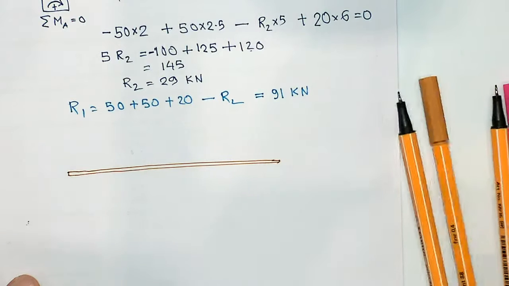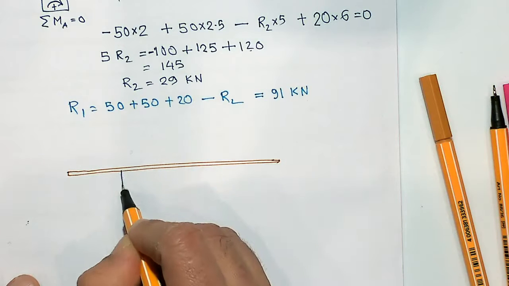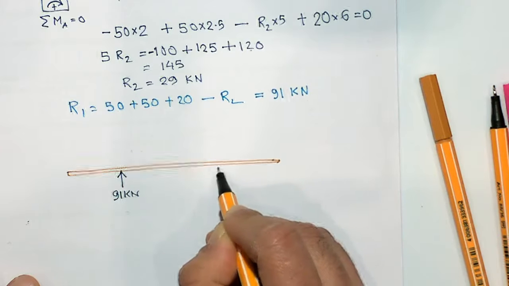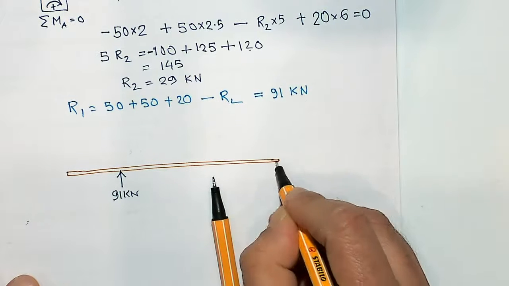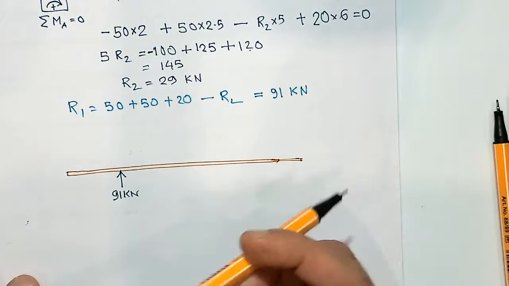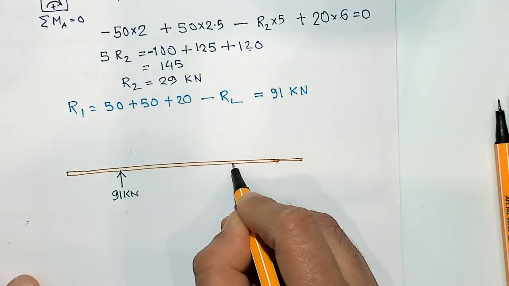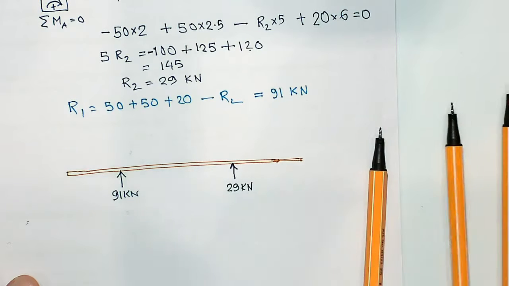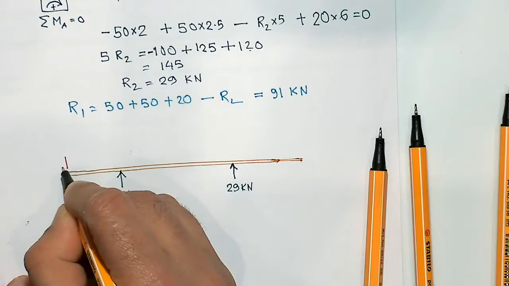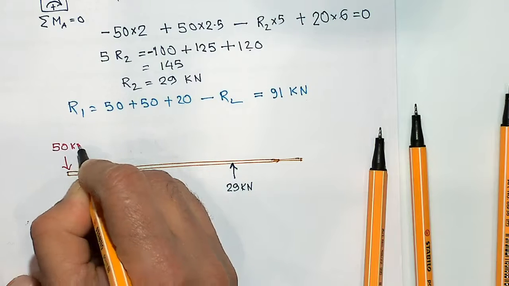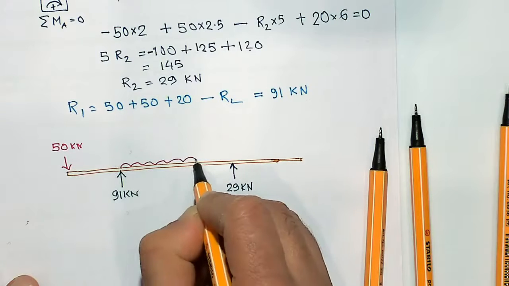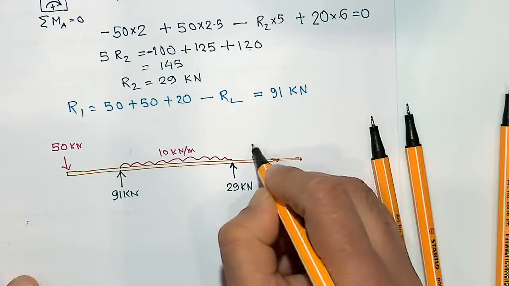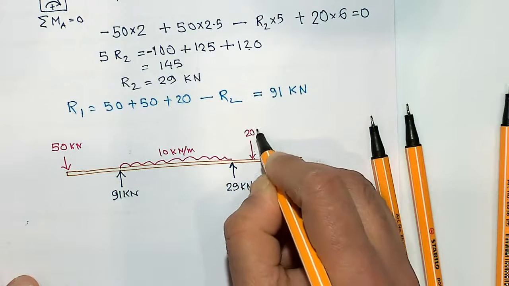Draw that again. So you have R1 as 91 kilonewton, R2 as 29 kilonewton, and then the load acting here is 50 kilonewton, and this is 10 kilonewton per meter, and then there is a point load of 20 kilonewton.